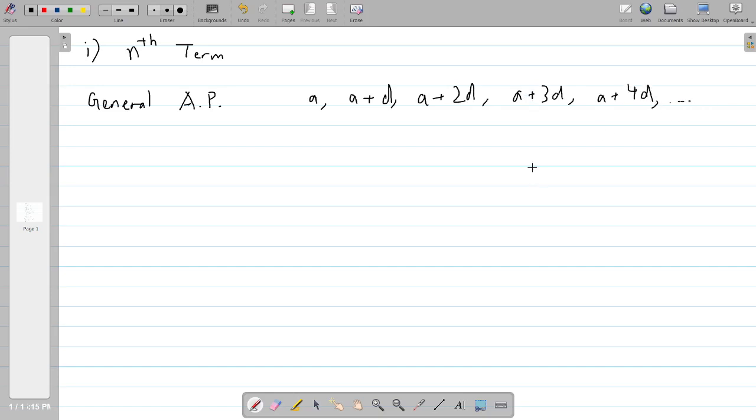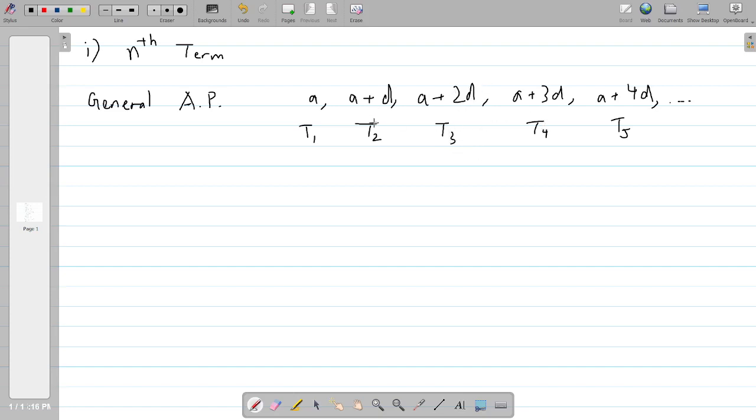So if we notice here, in this progression, we can attach the t1s and t2s and so on to each term. We can assign them like this, right? And doing this, we find there's some relationship between the term number, the subscript, and the coefficient of d.